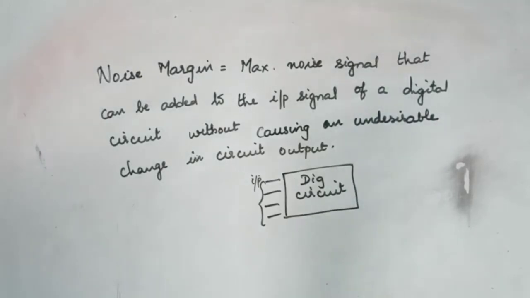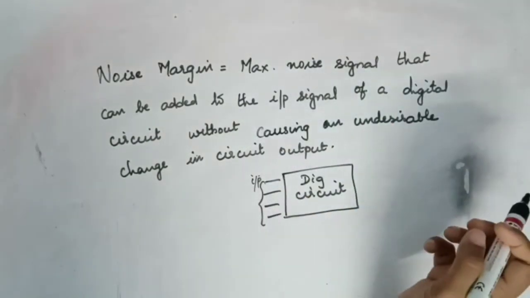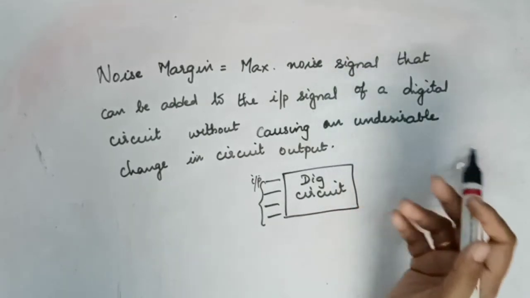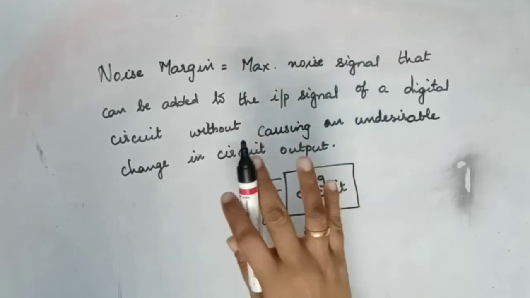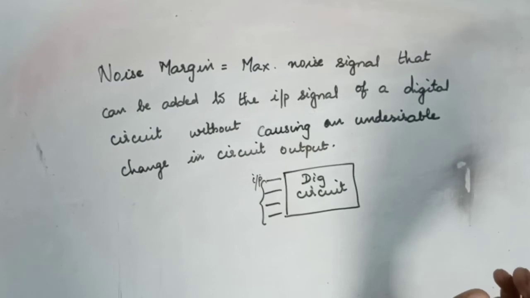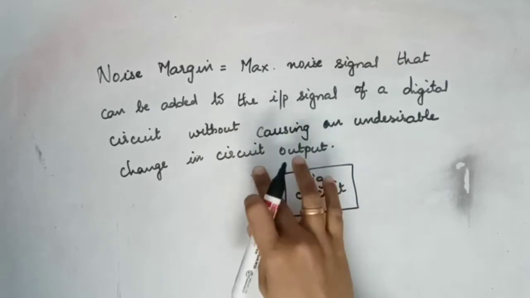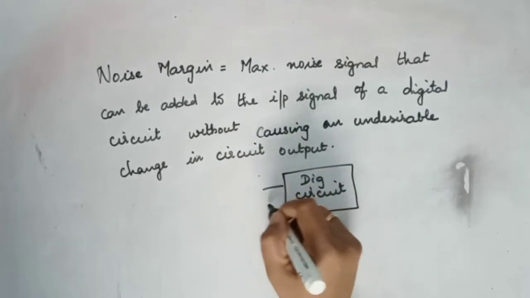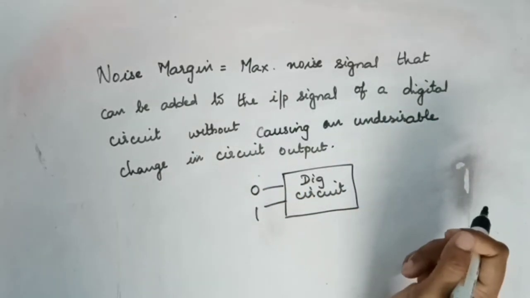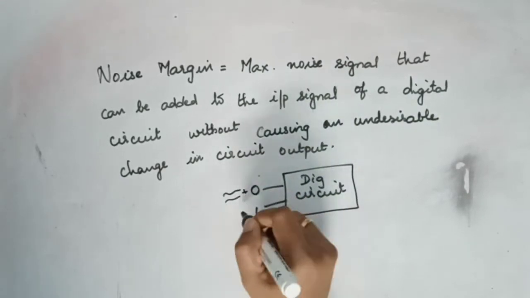If a noise is somehow added to a particular input signal, how much noise can be added to the input signal so that the normal working of the circuit does not change? That is, suppose to this digital circuit I am applying a 0 and a 1 to the inputs and some noise is added to this.